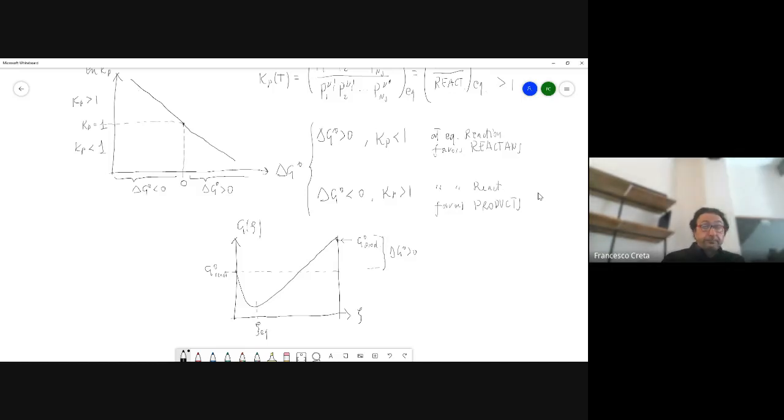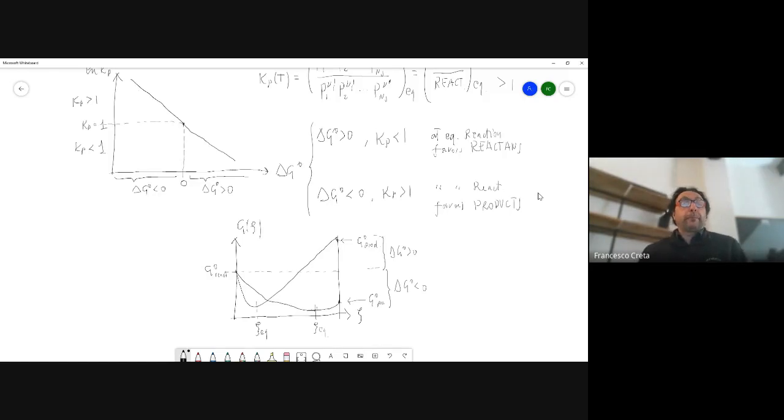On the other hand, if your products are over here, then clearly your delta G0 is negative, and so this function will have its minimum far more shifted to the right side. So you see that by moving this point up and down, you're not just moving this point, you could be moving this point as well.